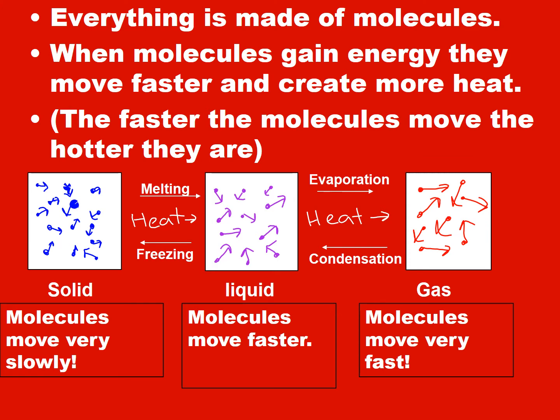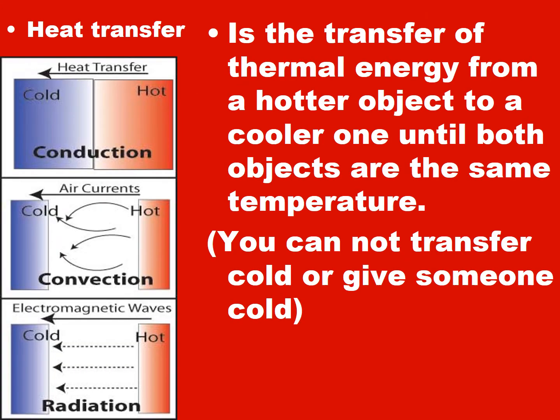For example, melting converts to evaporation, and in order to return to the first case, condensation and freezing occur. On the other hand, solid converts to liquid and the liquid converts to gas. Solid molecules move very slowly, liquid molecules move faster, and gas molecules move very fast.